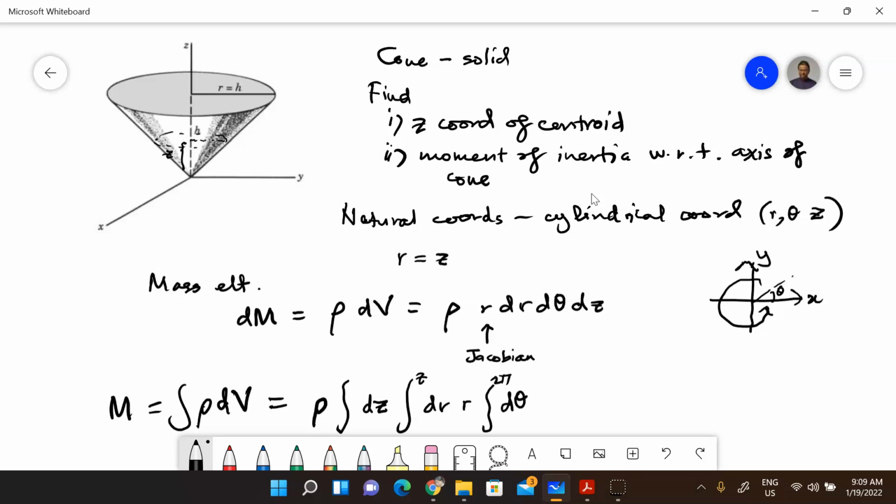Depending on where the point z is, that will give you the radius over here.